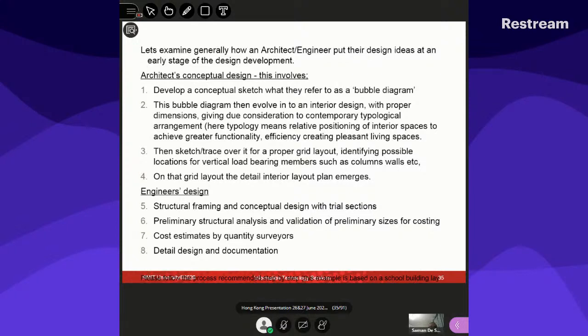So for architects, conceptual design normally involves developing a very quick conceptual sketch, what they refer to as a bubble diagram. Normally, we engineers like to draw straight lines and specific dimensions at the beginning. But an architect, because he likes to keep his mind free, sketches these things like a bubble diagram, like bubbles connecting to each other.